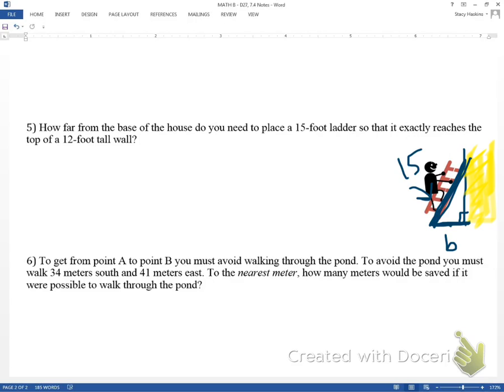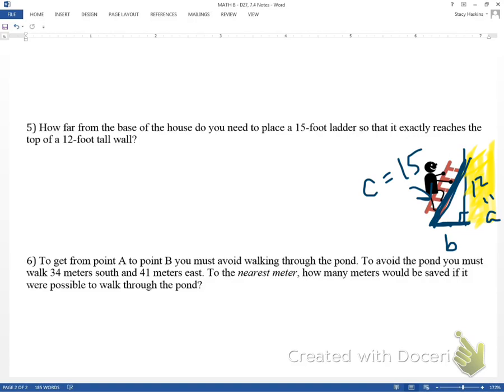So what letter should we label that 15 for sure? That has to be our side C, the only diagonal side. The other number that they give us is the top of the wall. They tell us that it's 12 feet. So that must be our side A. So what we don't know is side B.